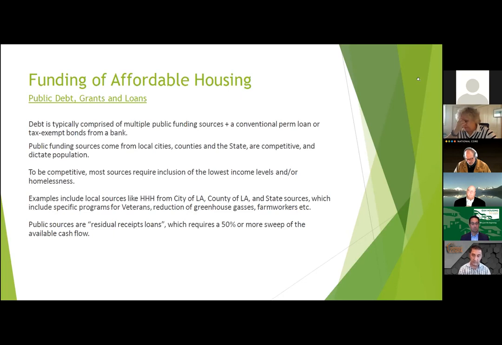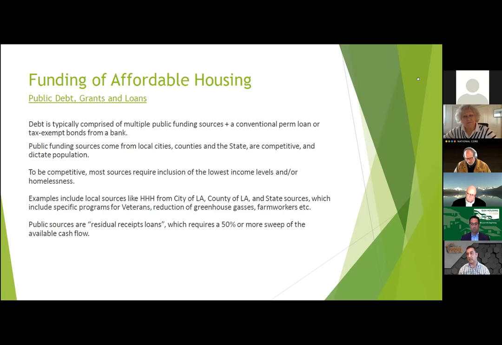Examples that are very well known out there in LA County and obviously City of LA are our Measure HHH funds that the City of LA has issued, about $1 billion, and is a direct driver for a significant number of veteran and homeless housing being driven. City of LA, County of LA also has several other sources.